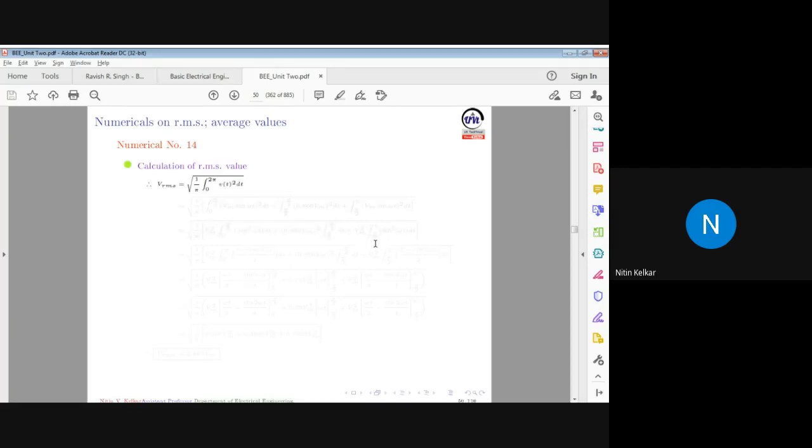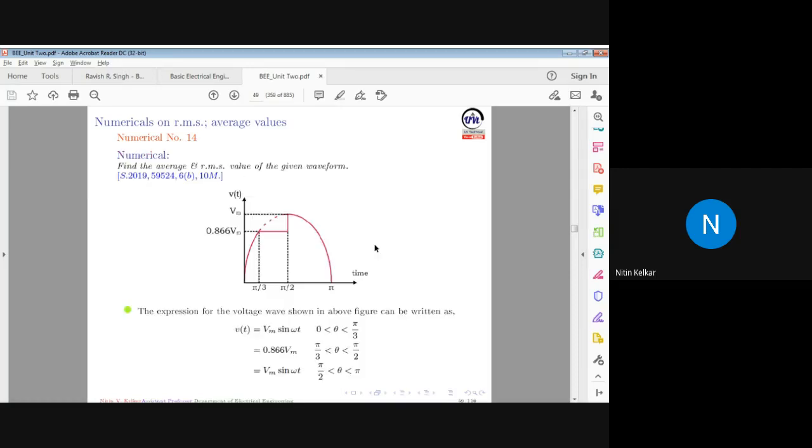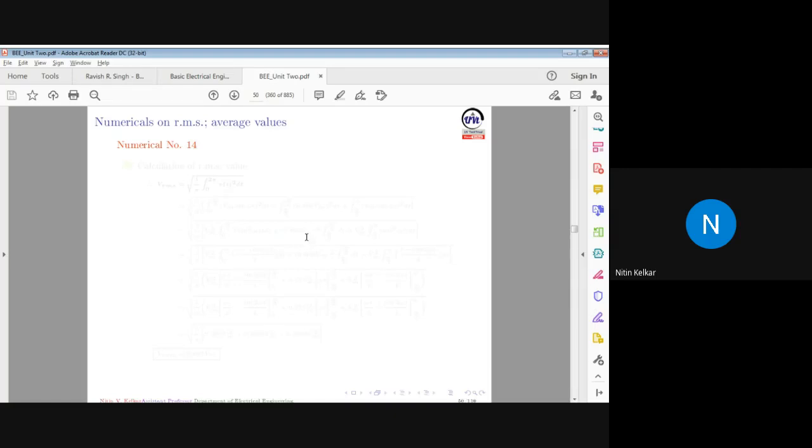So this is the expression for the RMS value. Now I have to just substitute the various expressions for the voltage and the proper integration limits. So I have substituted them over here, and then you can solve it further.